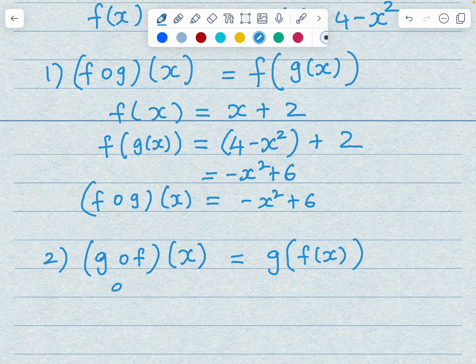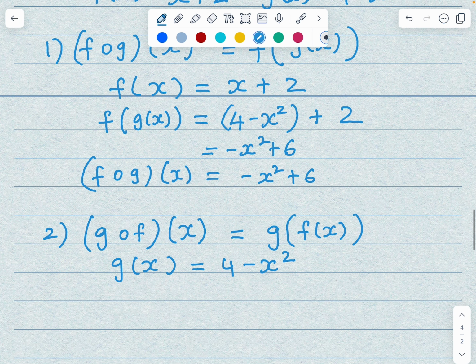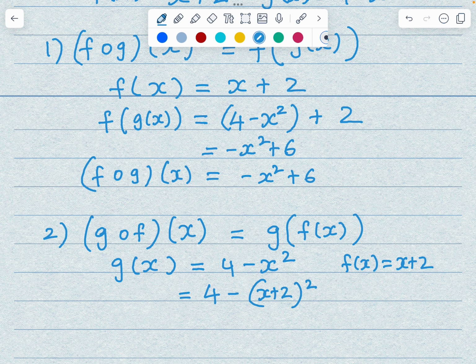So I'm going to write g of x first, which is 4 minus x squared. Now, wherever there is x, I need to put in the function definition of f of x. So what is f of x? f of x is x plus 2, right? We know that f of x is given to us as x plus 2. So wherever there is x, I am putting x plus 2.